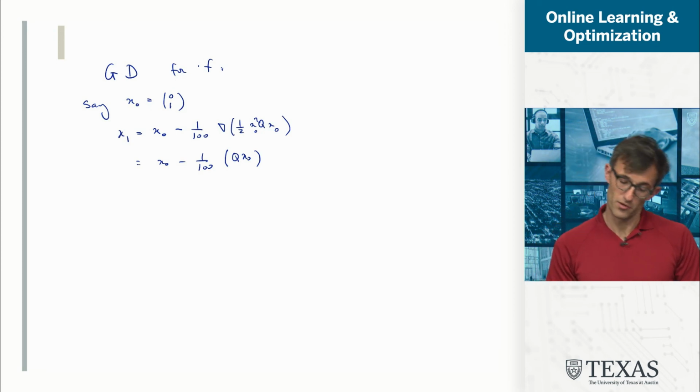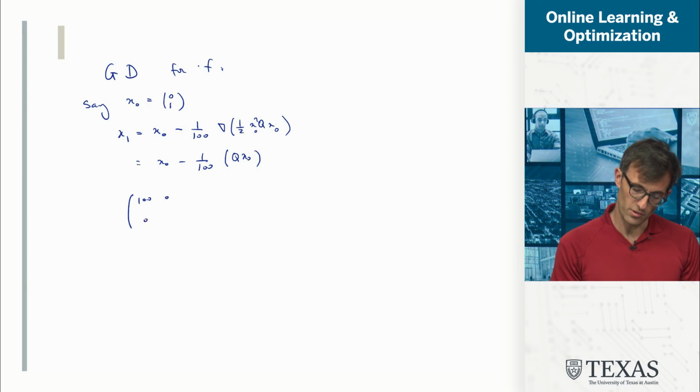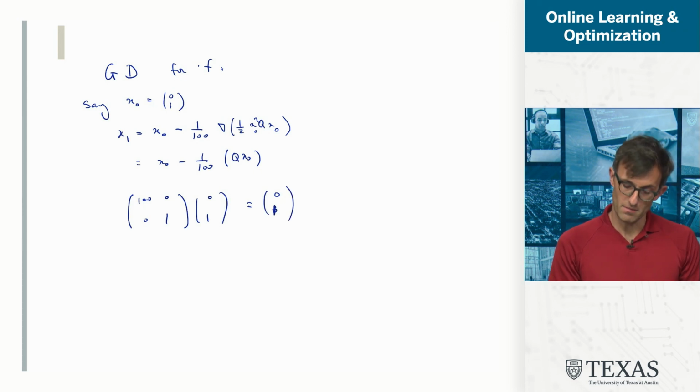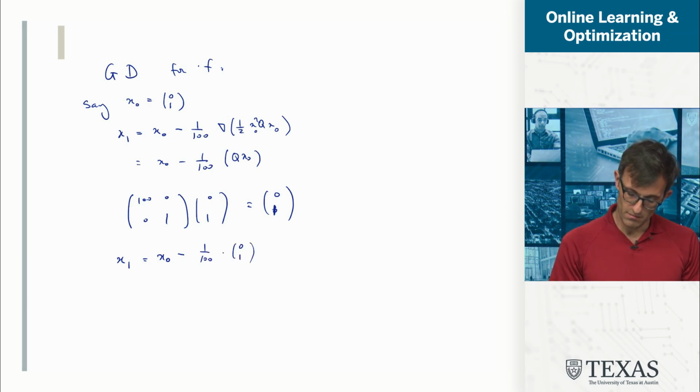For x0 equal to [0, 1], let's see what that is. We just do that computation. Q times [0, 1], with Q being [100, 0; 0, 1], is equal to [0, 1]. Plugging that back in, we see that x1 is equal to x0 minus 1 over 100 times [0, 1], which is basically [0, 0.99].